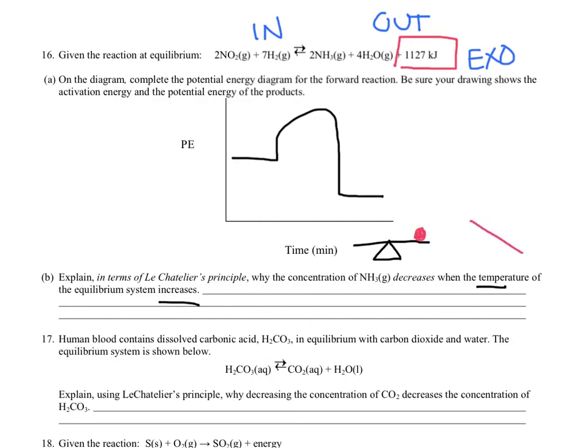This is going to cause the seesaw to tip, and equilibrium will shift towards the left. So increasing temperature shifts equilibrium to the left, thus decreasing ammonia concentration. This is because increasing temperature favors the reverse reaction.